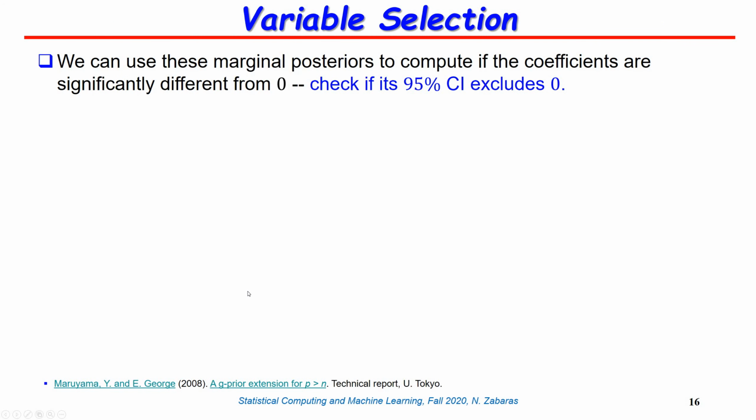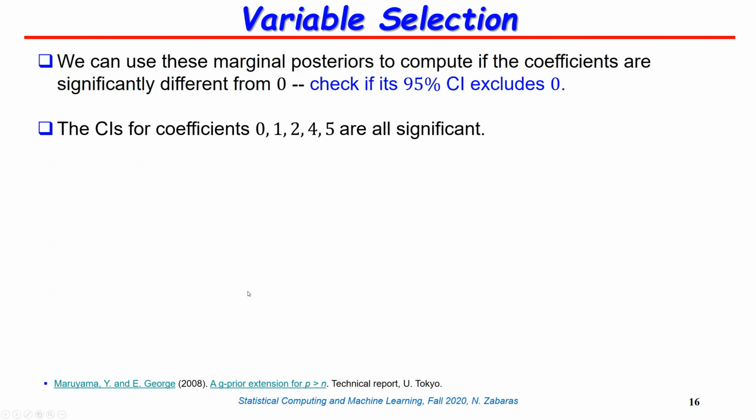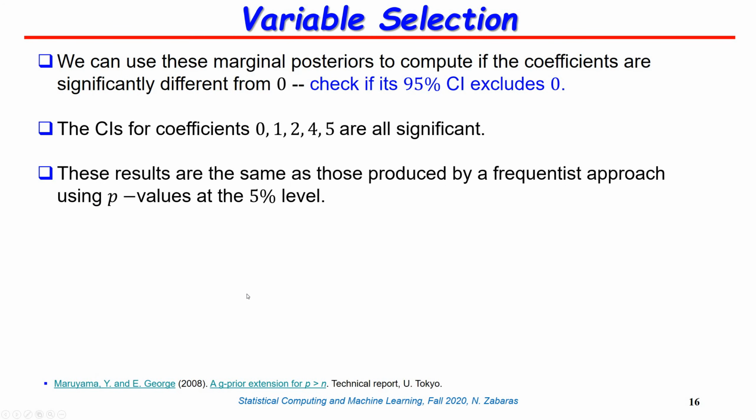Now, before I finish with this example, let me just say that you can get exactly the same results in the frequentist setting using p-values at the 5% level. We already expect this because this marginal on Wj that we got is the same as the sampling distribution of the MLE.